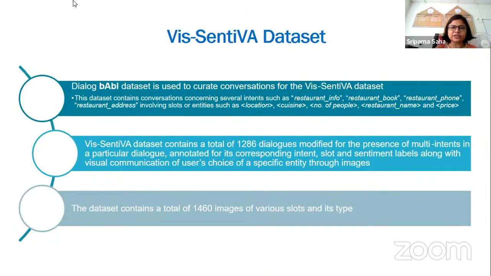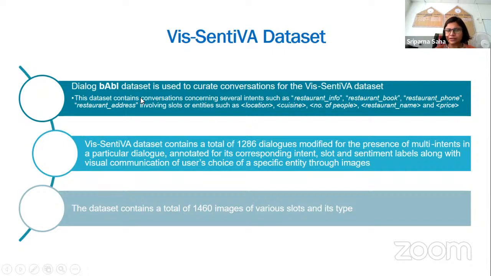To develop the vCenti VA dataset, we used the popular Barbie dataset. This dataset contains conversations having intents like restaurant information, restaurant booking, restaurant phone, restaurant address, etc. These are the popular intents in this particular dataset.